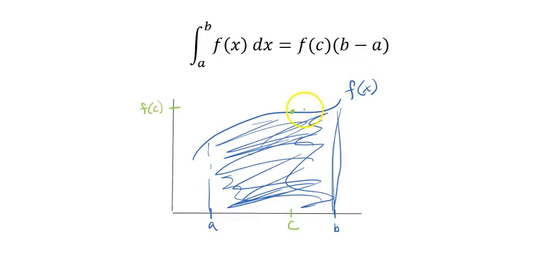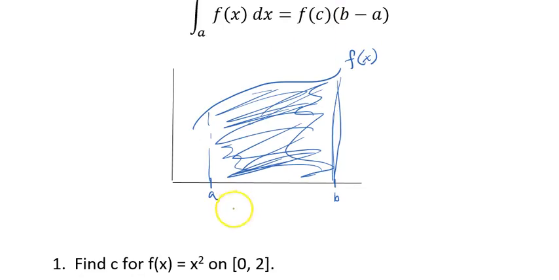But anyway, if I choose that correct point, I can make a rectangle over that section that has the same exact area. And I've chosen a pretty bad C. Let me try again. Okay, maybe right here. If I choose that point with a y value here, I make a rectangle using that as my height. This does look like a little bit better of an option.